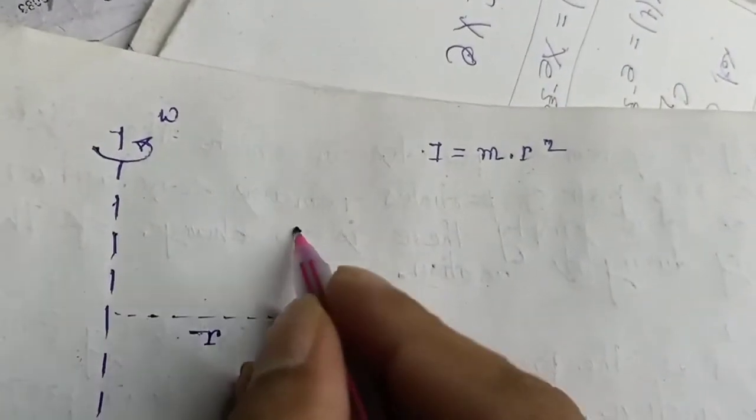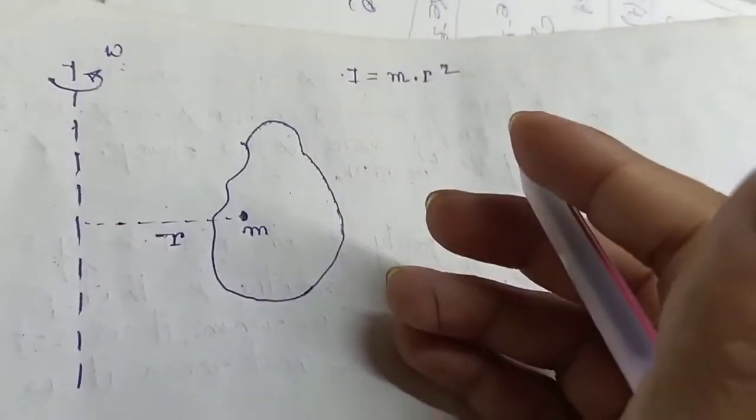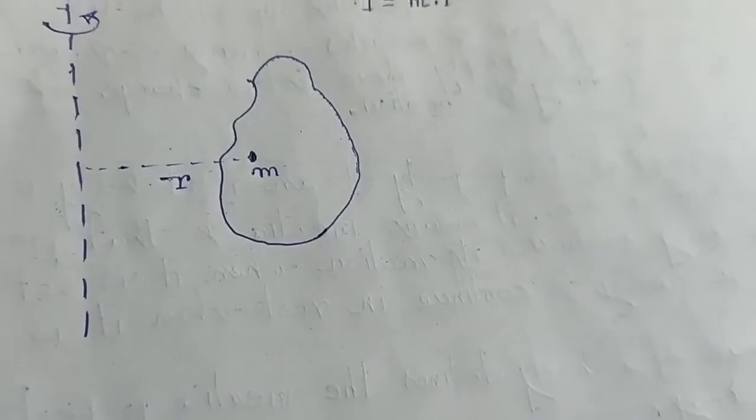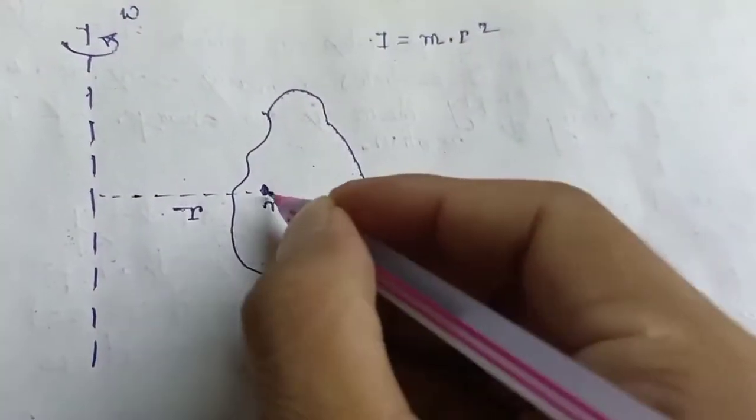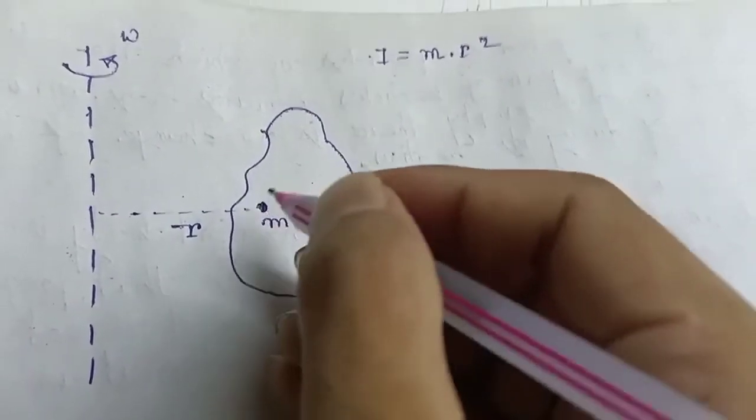Now if it is not a point mass, or it is a rigid body, then as we know, if we break a rigid body into small particles, then a rigid body will be the summation of small masses.